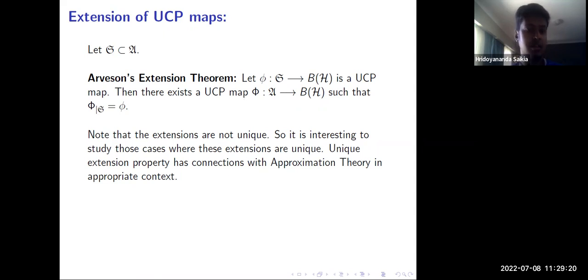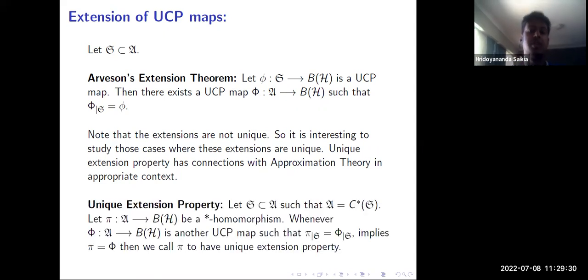Now, the unique extension property of these maps has a very deep connection with approximation theory in the appropriate context. Now I want to define the unique extension property. It is defined for star homomorphisms of a C-star algebra; they are the participants for this property.